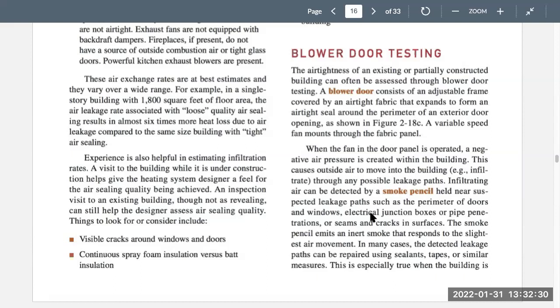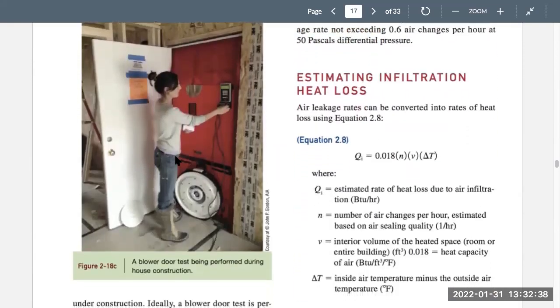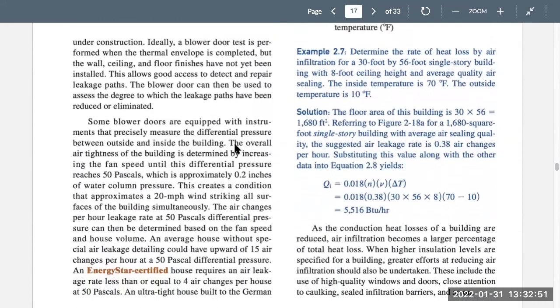A blower door is an example of where you can see a blower door right here. And we have one of these blower doors where we put a big fan in a door and we pressurize the system. So this is basically what it is.